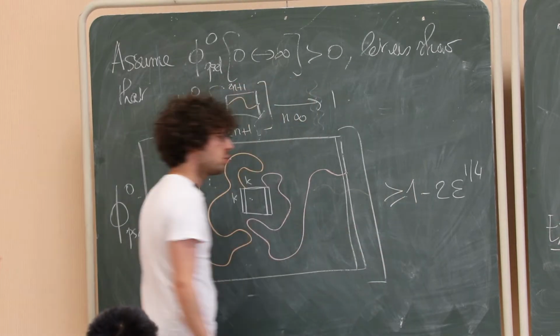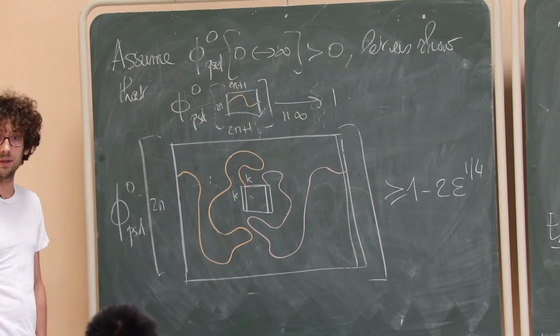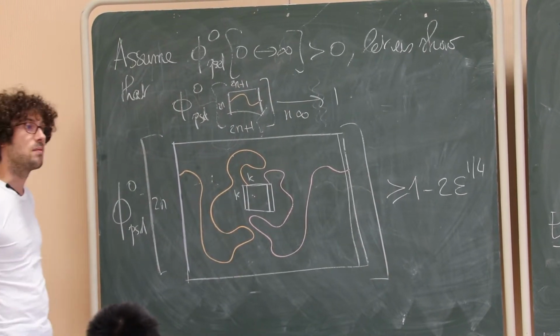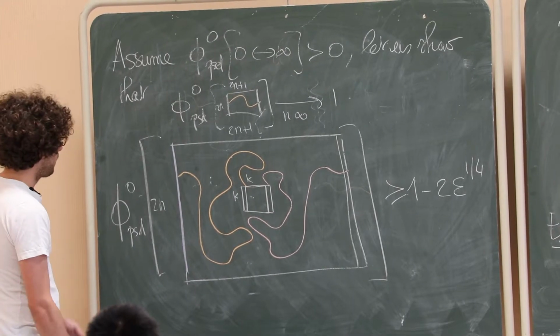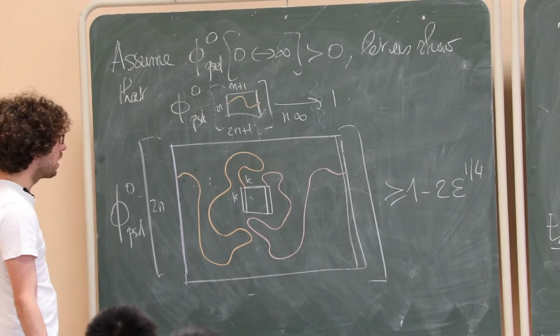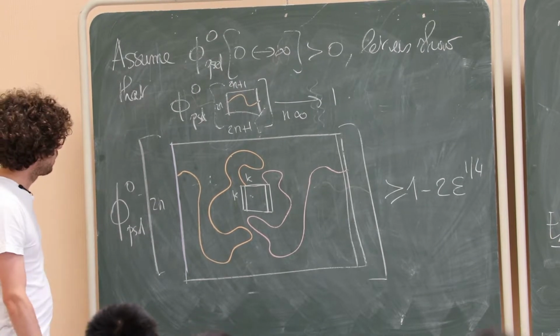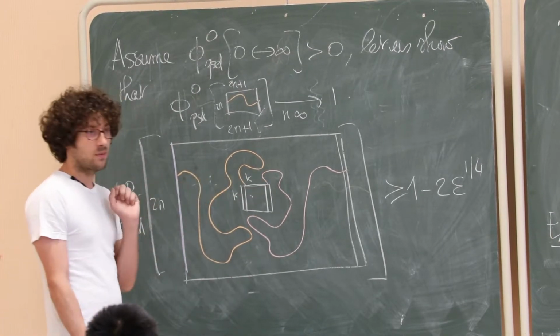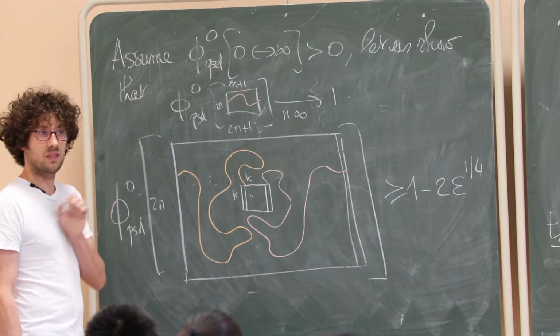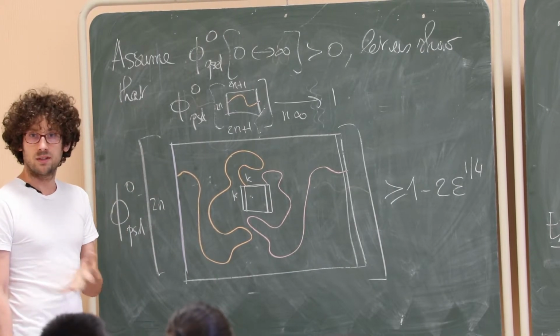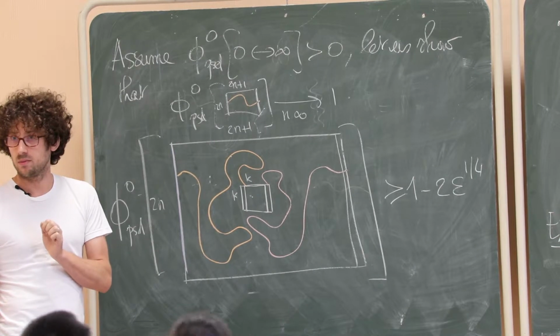So up to now, it looks very much like Zhang's argument, a kind of Zhang argument from inside. But now, how do we conclude? The occurrence of these two events doesn't imply that there is a crossing from left to right.